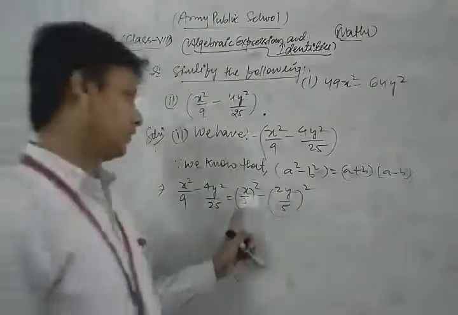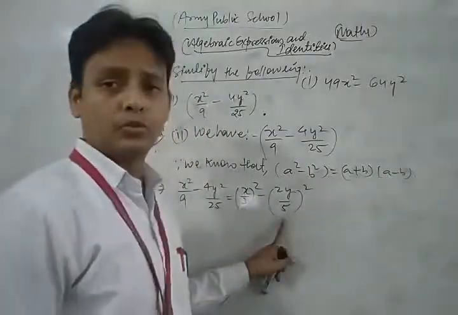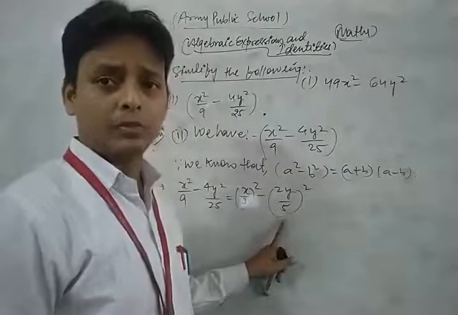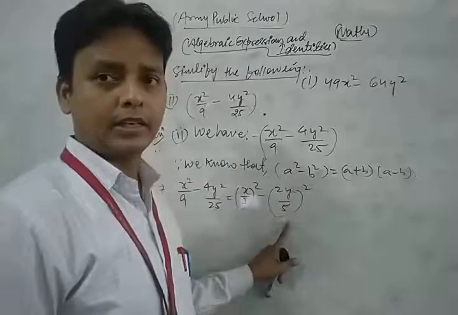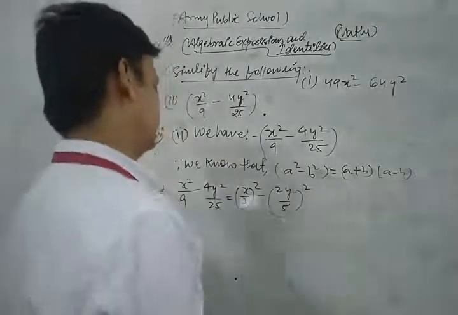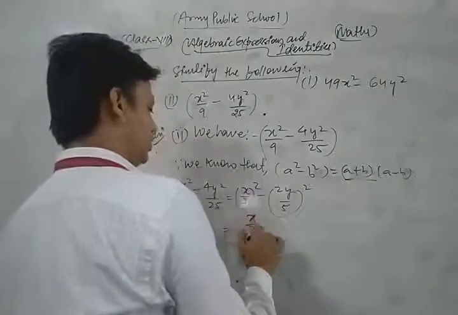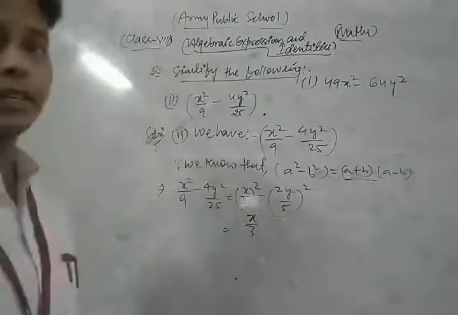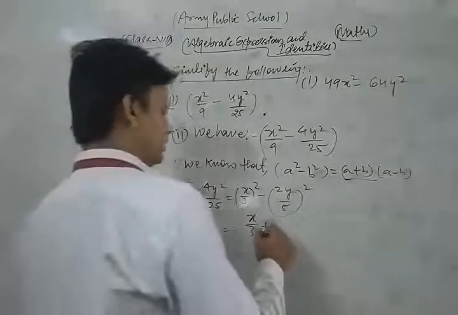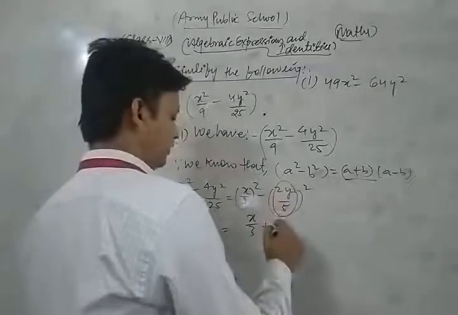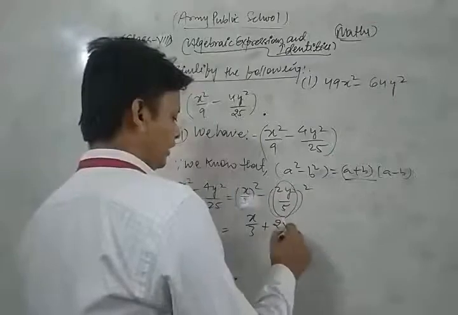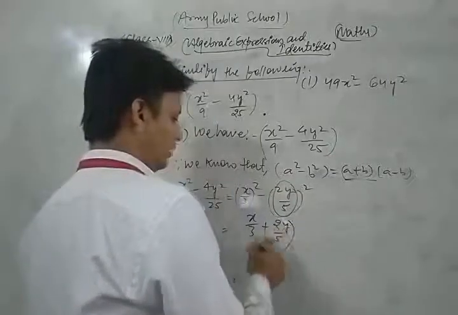This is in the form of a square minus b square. So a square minus b square means what? A plus b in one bracket and a minus b in another bracket. So a means x upon 3, write in one bracket, plus b means 2y upon 5 in another one. Okay, a plus b.